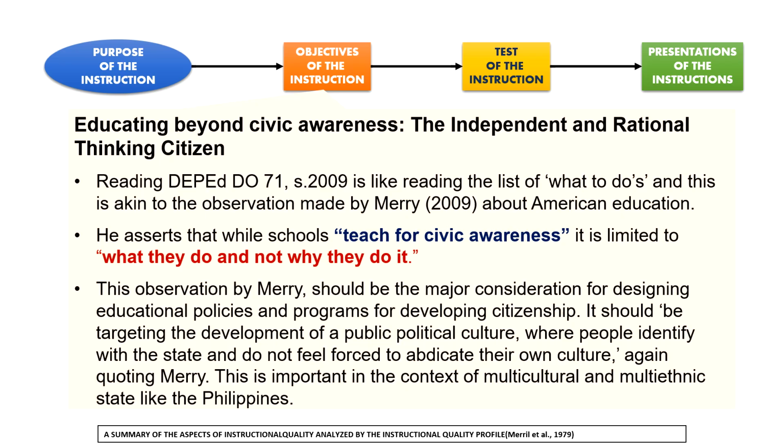And that is very much akin to the observation by Mary about American education. He asserts that while schools teach for civic awareness, at one point it is limited to what they do and not why they do it. That's why our courses should not only force them to sing the pambansang awit or learn the folk songs, but it's also important that our Filipino citizens know the reason why they're being taught to be nationalist or patriot or to be part of nation building.